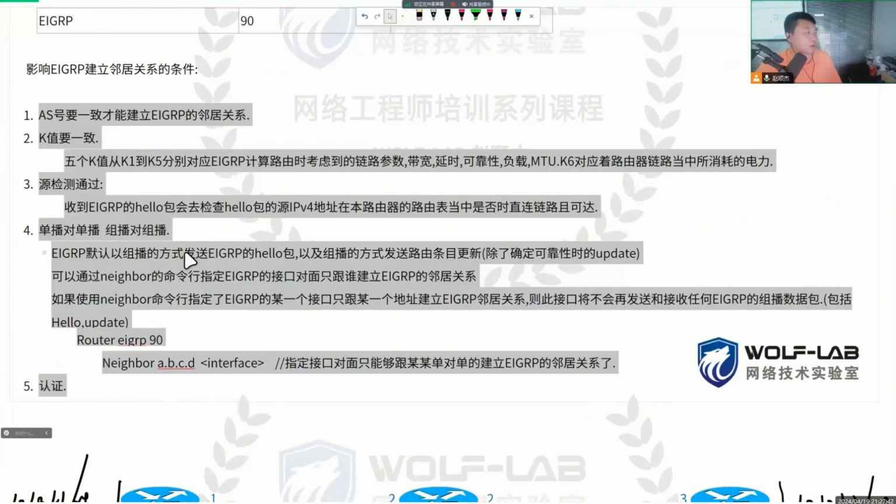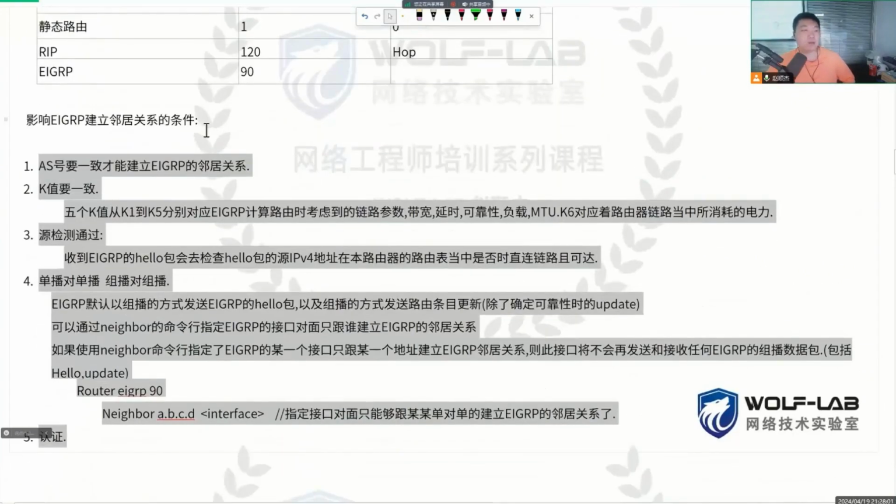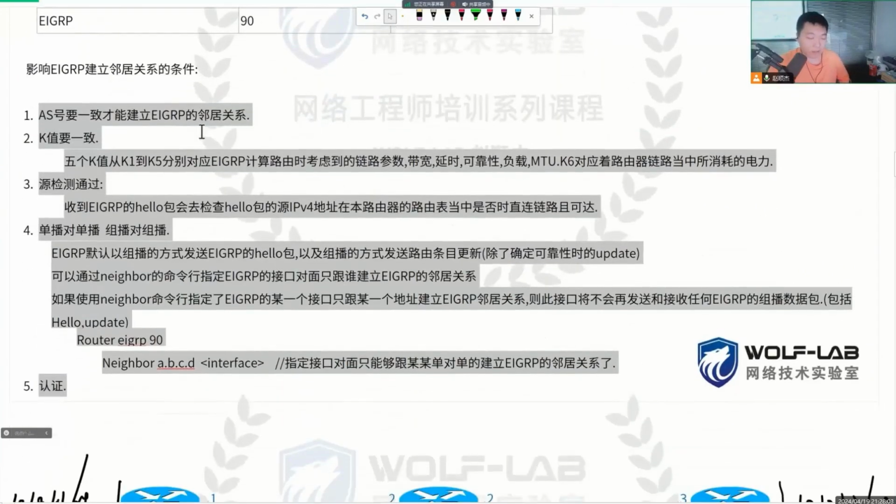So, if you encounter in your future work that your neighbor relationship is not established, you can check from this list. We can know the conditions that affect the establishment of EIGRP neighbors, and troubleshoot through these 5 steps. Okay, students, are there any questions?